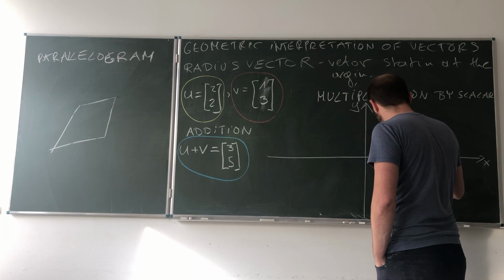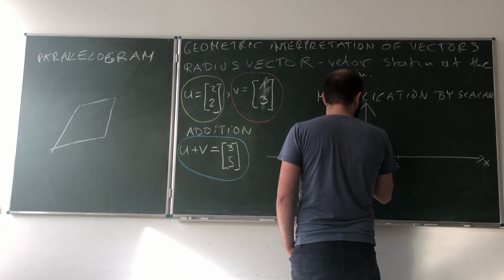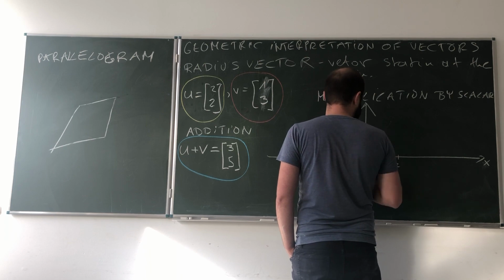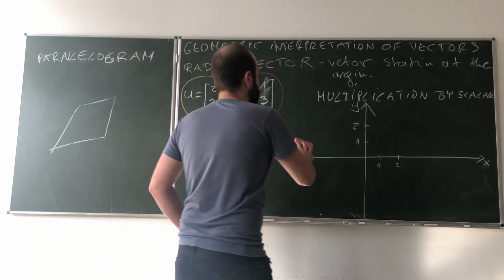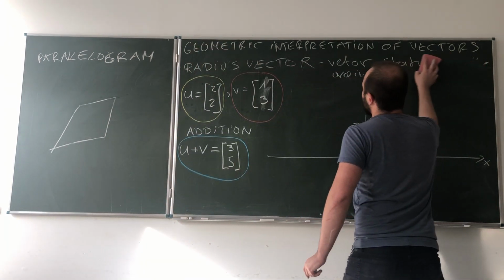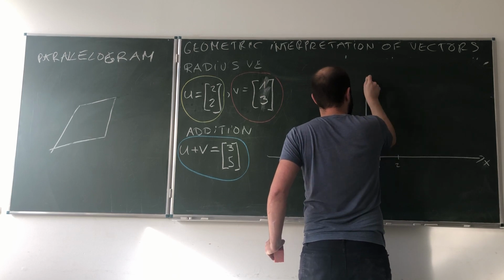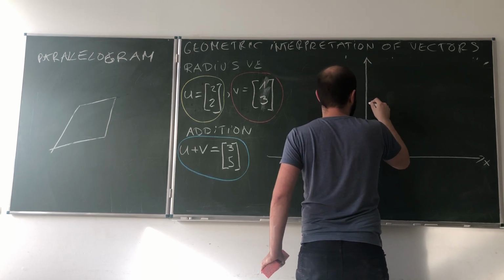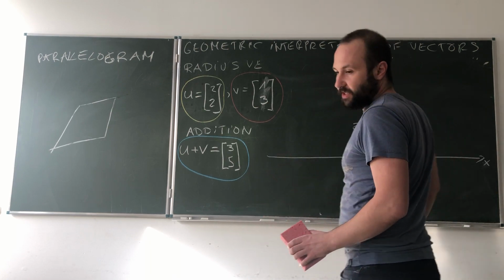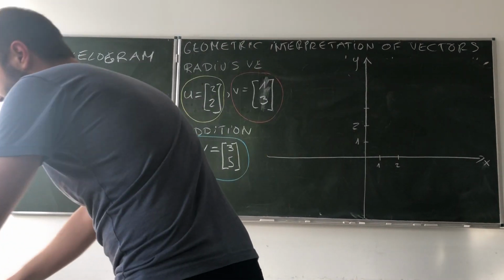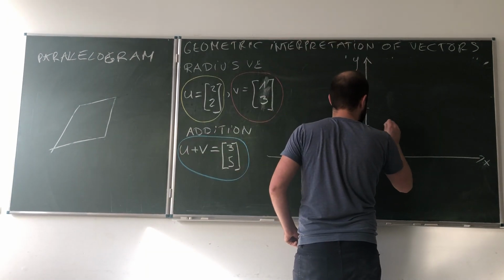We've got 1, 2. Okay. We will need a little bit more space, so let me just, okay, I think this is going to be enough. So, again, I'm going to start by simply drawing vector u.